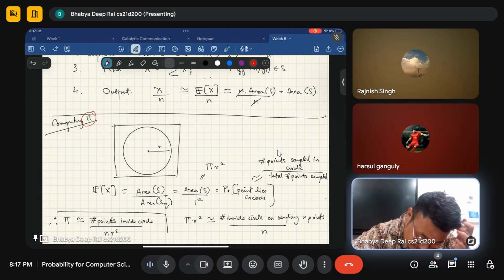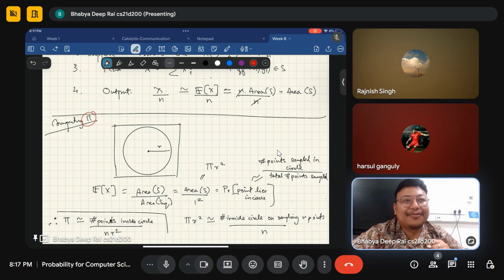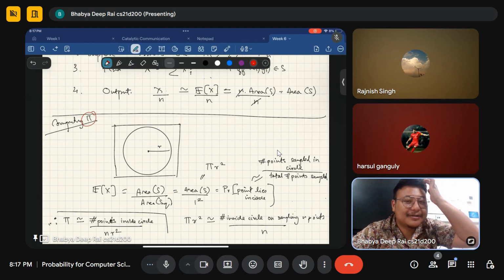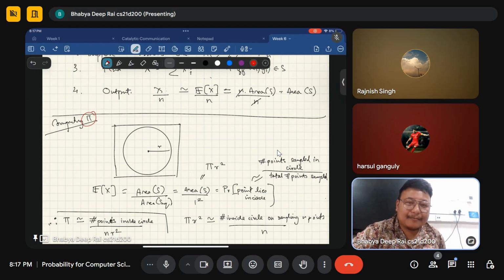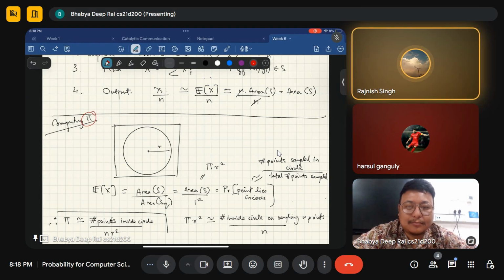The question papers are structured in such a way that if you've got the concepts clearly, then you should be able to attempt 70 to 80% of the questions with ease.